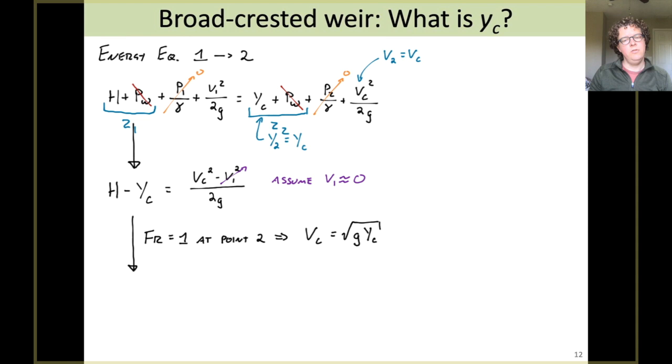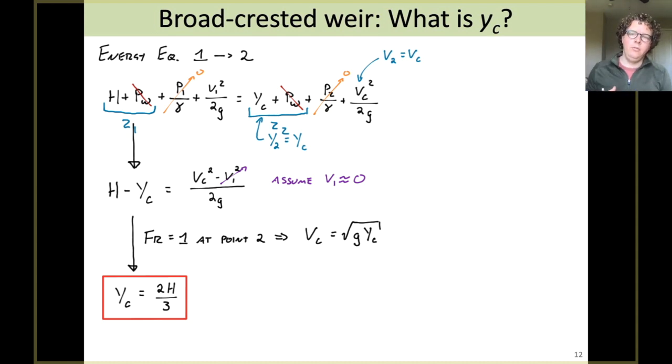In order for the Froude number to be equal to 1, the numerator and denominator in the Froude number must be the same, or in other words, the critical velocity, Vc, is equal to the square root of gravity times the critical depth, yc. With that assumption in purple and that substitution based on the Froude number, we end up with a depth of flow over the weir, or critical depth, yc, of 2/3 of the head measured upstream of the weir. So yc equals 2 times capital H over 3.